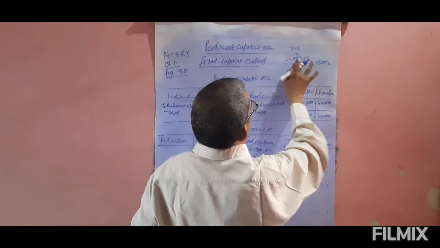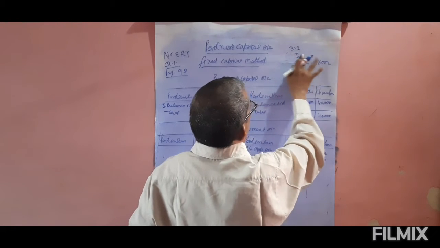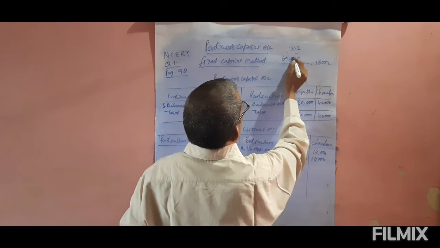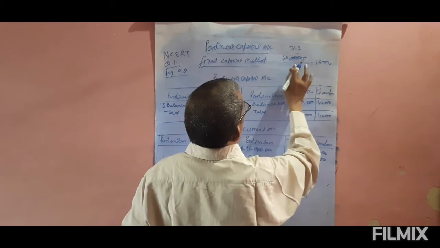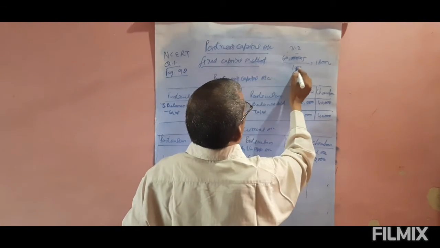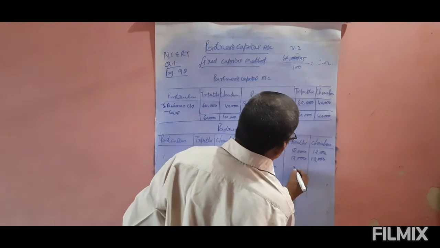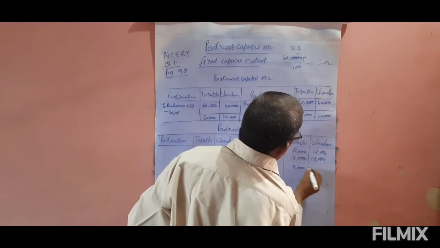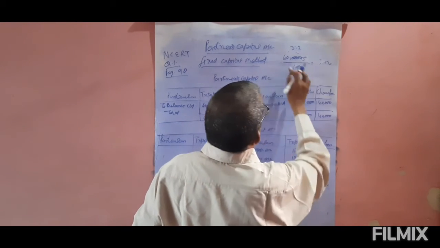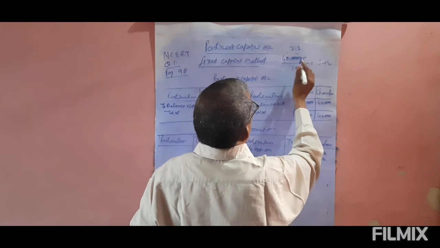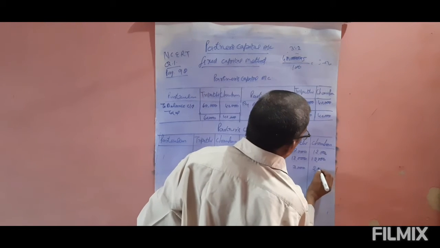Now we have to find out the interest on capital. What is the capital? 60,000 into 5/100, 3,000. Here it is, and there it is 40,000, 2,000.